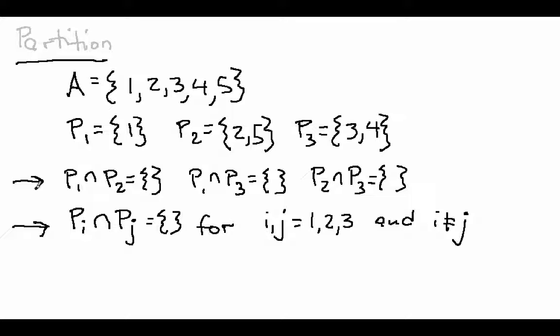All right. Now, we have a definition to make here. Whenever this is true, we say that Pi and Pj are mutually disjoint.